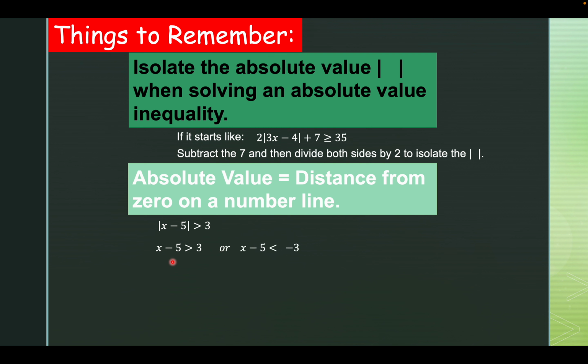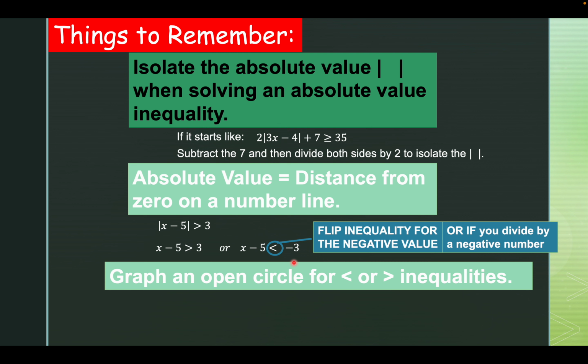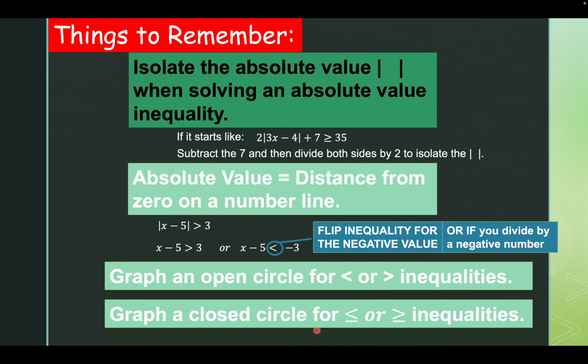So in this case, it'd be x minus 5 is greater than 3, or x minus 5 is less than negative 3. Flip the inequality for the negative value, or if you divide by a negative number in your process of solving the inequality. Graph an open circle for inequalities that don't have a line underneath. Graph a closed circle for inequalities that do have a line underneath.